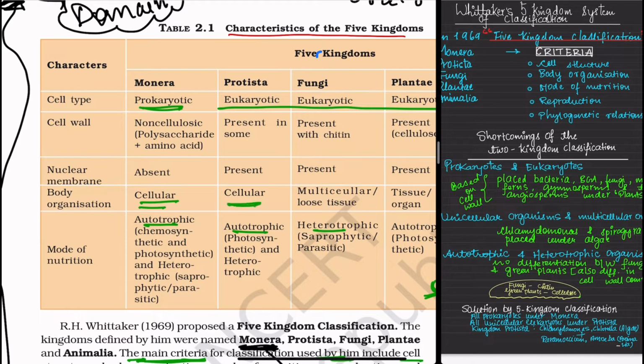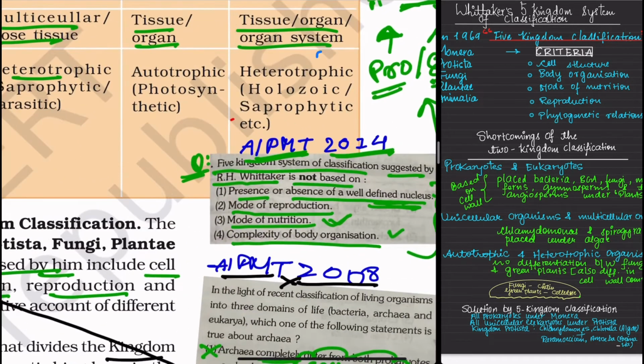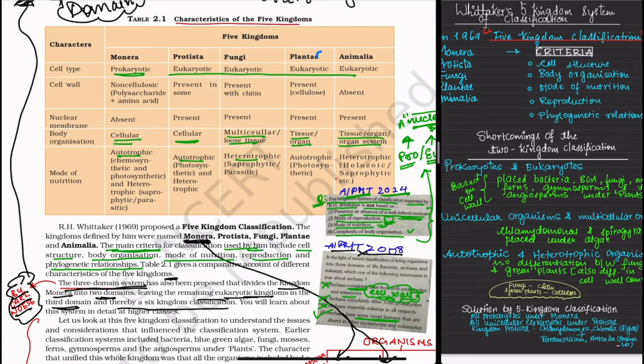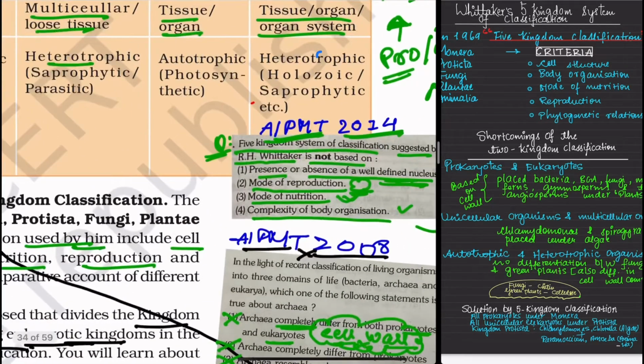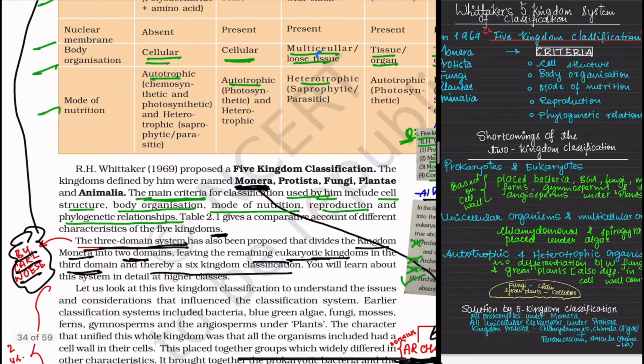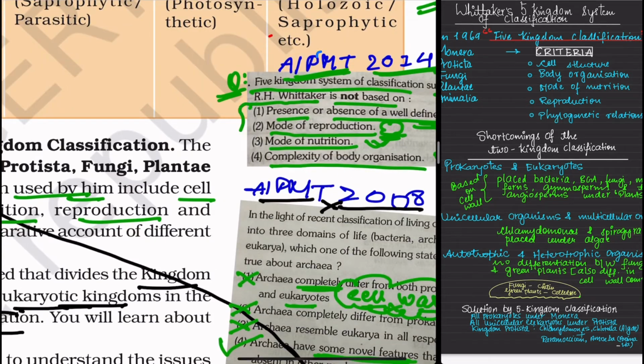But mode of reproduction, can you see it in the table? No, this thing was not used. NCERT includes it in criteria for classification, but when we look at this question and the options, you need to choose the most appropriate option out of these.